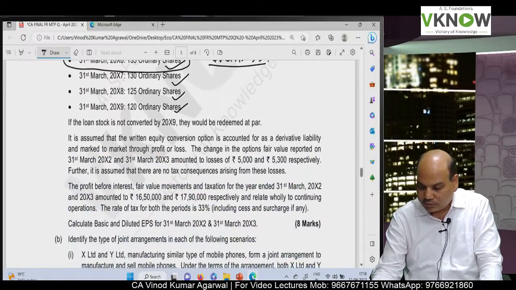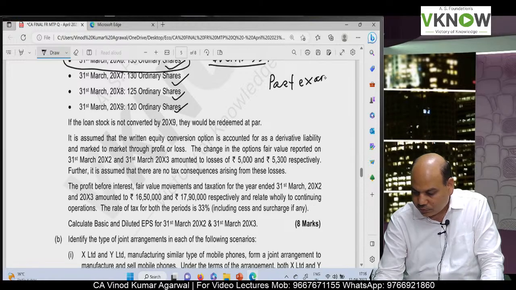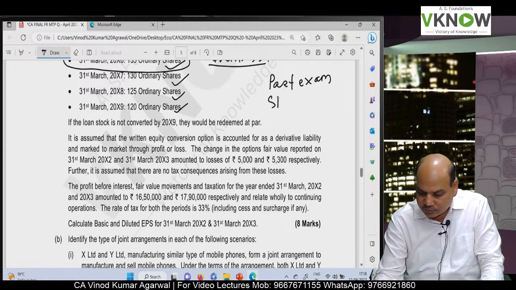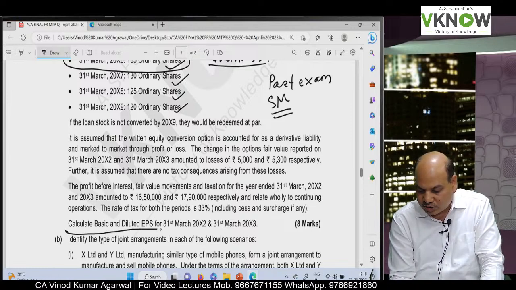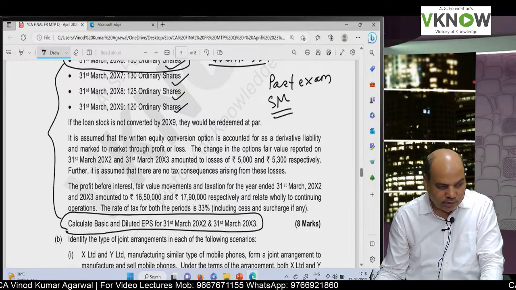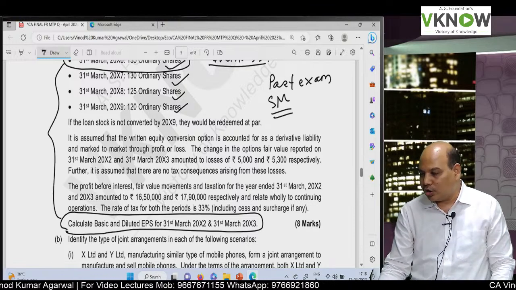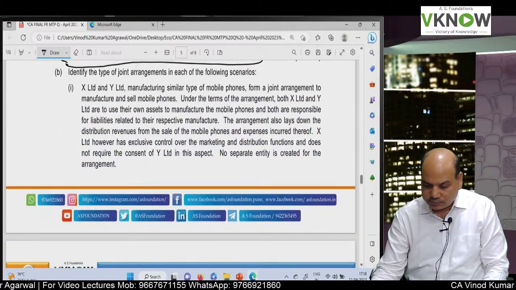A very good question. It was asked in one of the recent past exams. This question is also there in the study material of the institute. So you have to find out the basic and diluted EPS. Same to same question was asked in the exam. Not even one comma is different, which we have covered in the class.